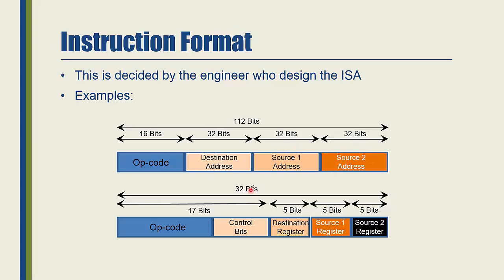Or let's say you want your instruction to have 32 bits only, but you still can spare more bits in the opcode and still have some control bits, because you spare only 5 bits each for destination, operand 1 and operand 2. This decision depends on what you want to do in your microprocessor.